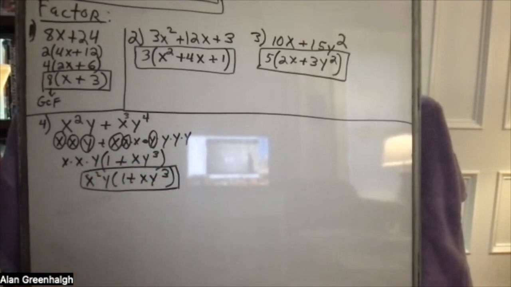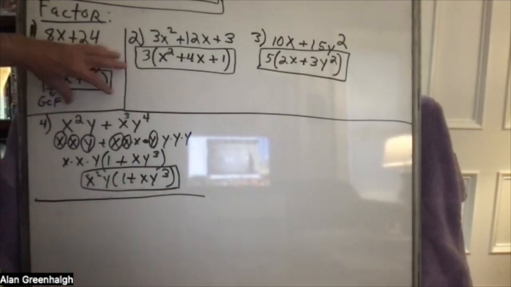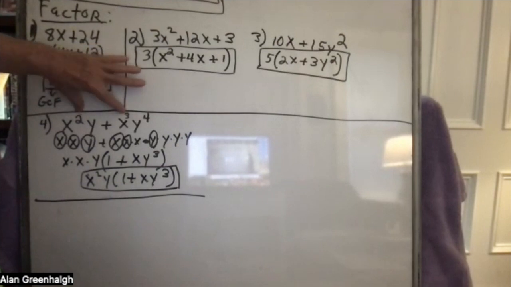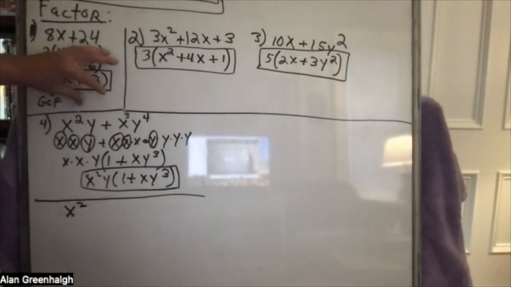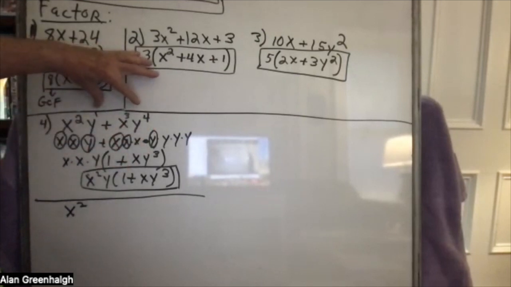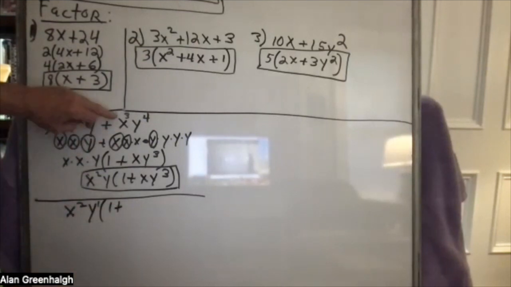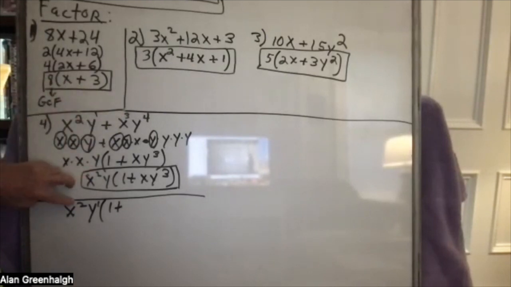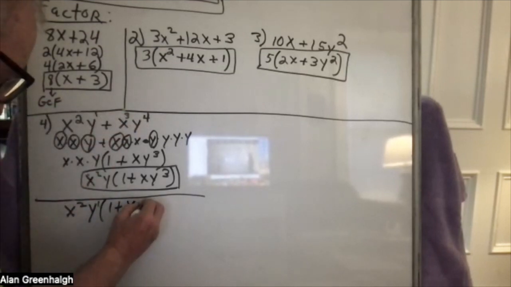But that's not the way you should really get used to doing a problem. The way you should do the problem is to say, well, I have 2 x's here, 3 here, so I could take out a 2. And here I have a y to the first, and here I have a y to the fourth, so the largest common factor is y to the first, and then go 1 plus, and to get to 3 from 2, you would need an extra x, and to get from y to the first to y to the fourth, you would need 3 of them.